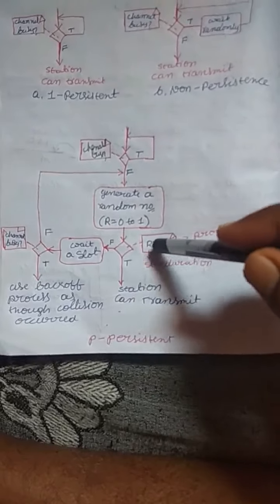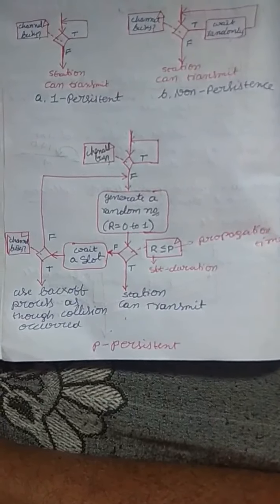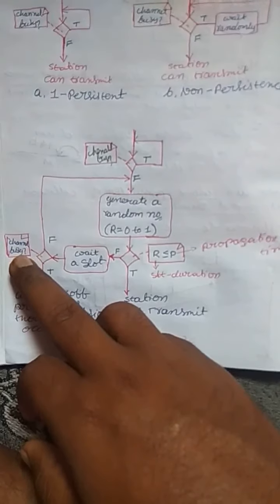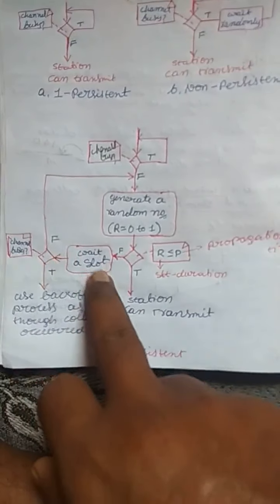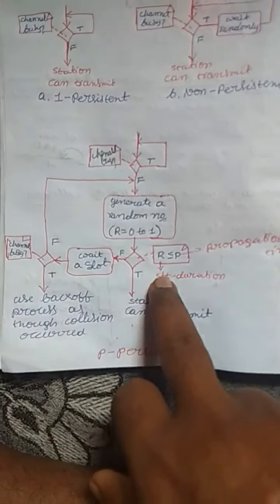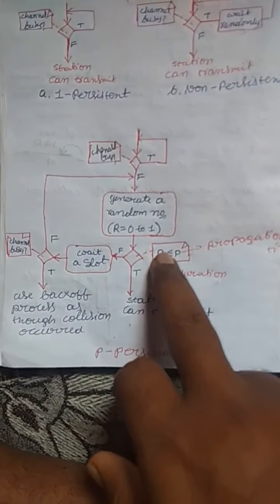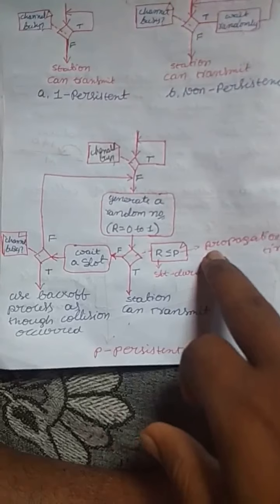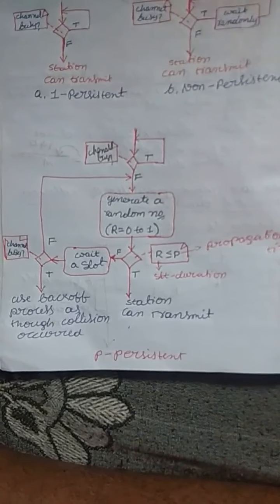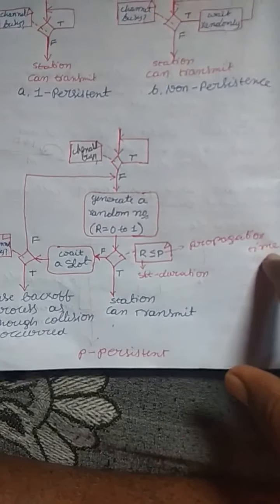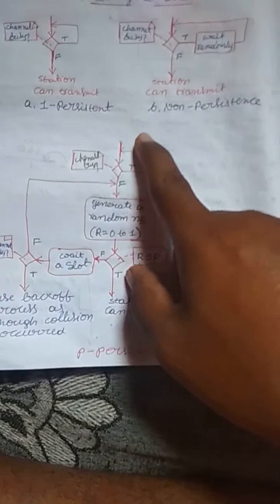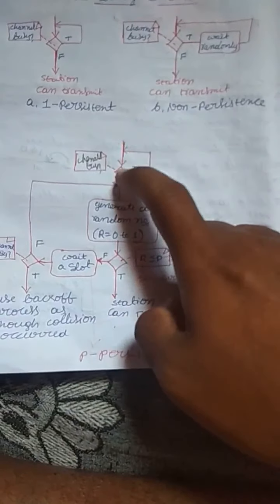This is the condition. Here we are going to use the channel as a slot with slot duration less than or equal to propagation time. Okay, propagation time. Here is how the flow chart works.